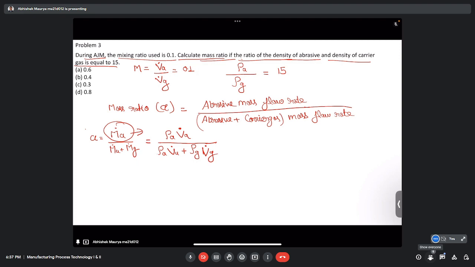Now what we will do is divide the numerator and denominator by this term, the density of the carrier gas into the volume flow rate of carrier gas. And if we do it, what will we get?